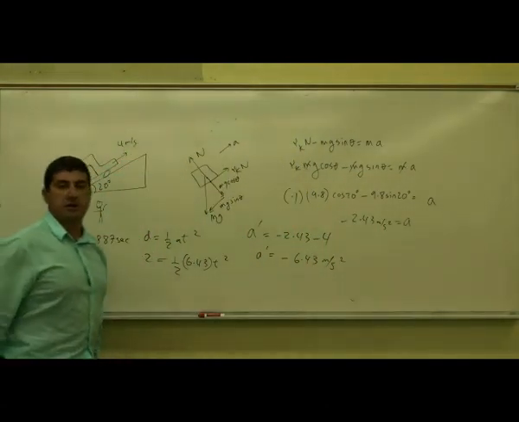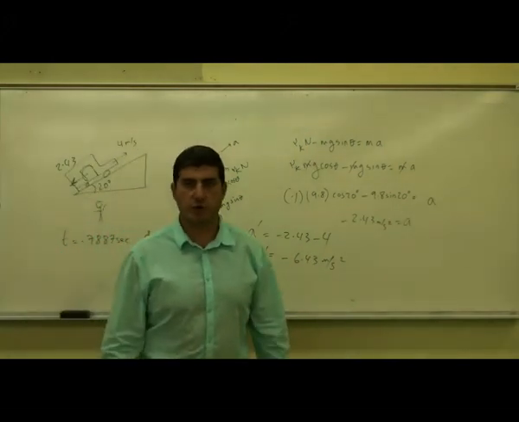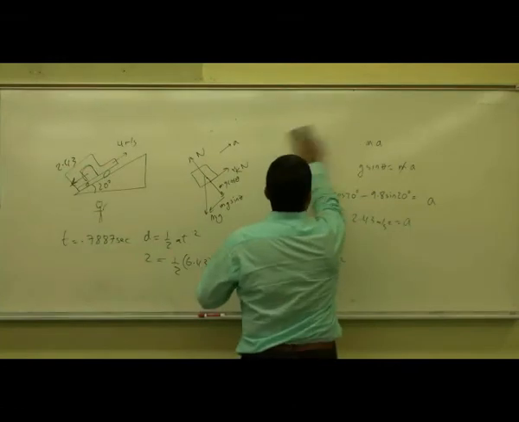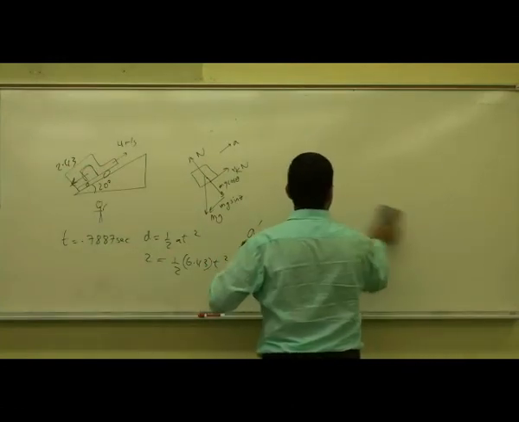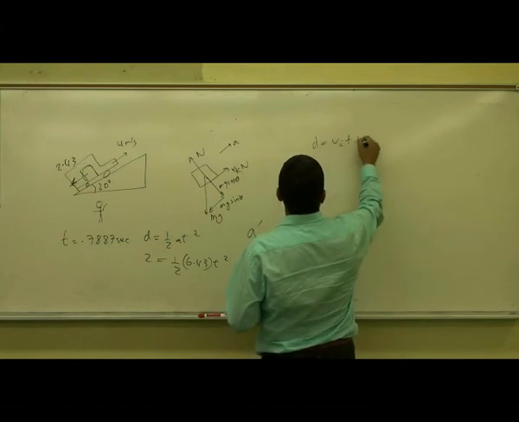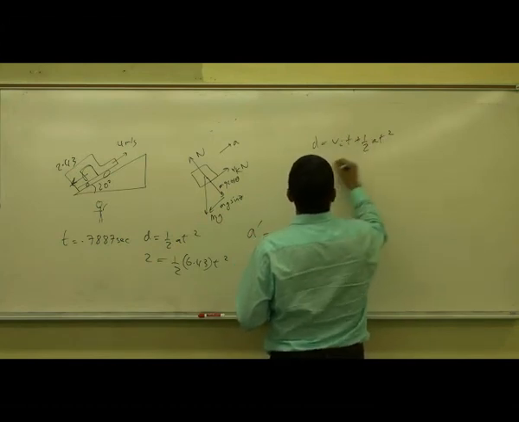So how much has the truck moved? Well, you could do the same kind of calculation. How far has the truck moved in the meantime? You could do distance is equal to v initial t plus half a t squared.